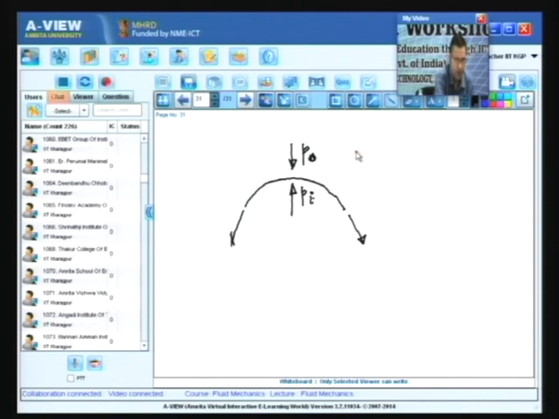Now, you can see that qualitatively P out plus a component of surface tension, because of this will have its components downwards like this. P out plus the pressure due to surface tension is equal to P in.